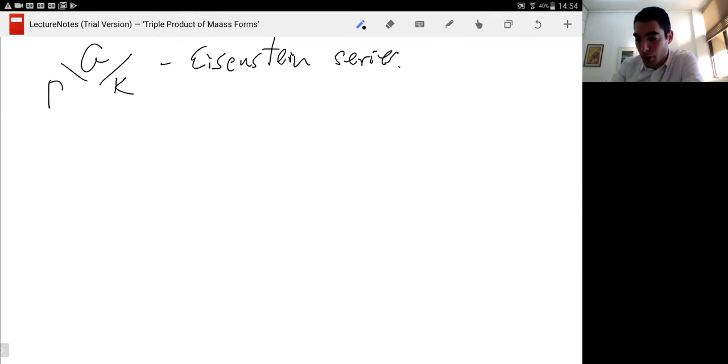So there are a few ways to write it. Let me use the following notation.